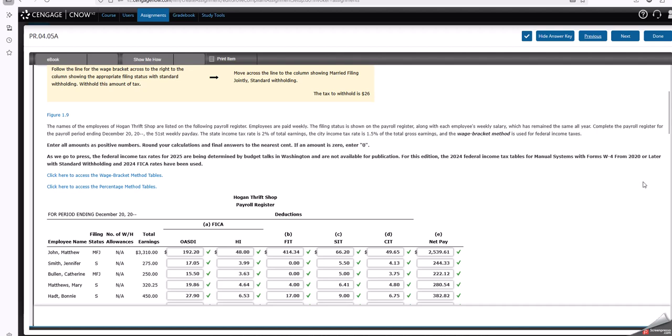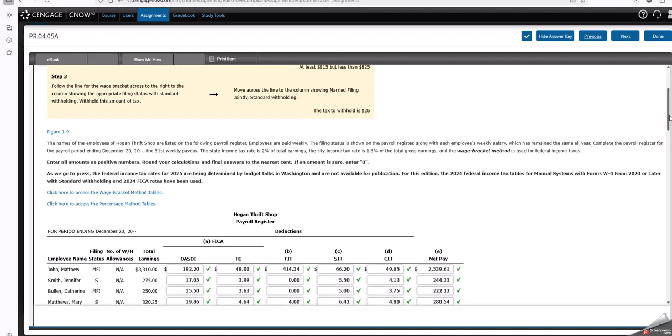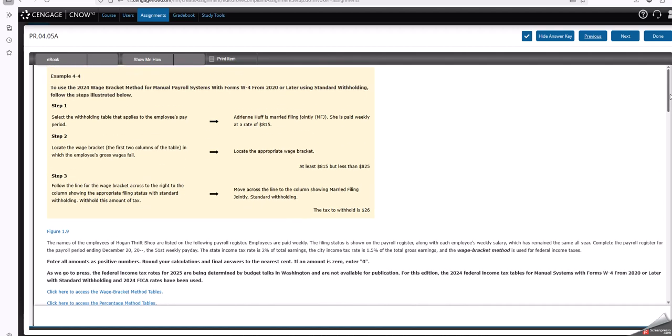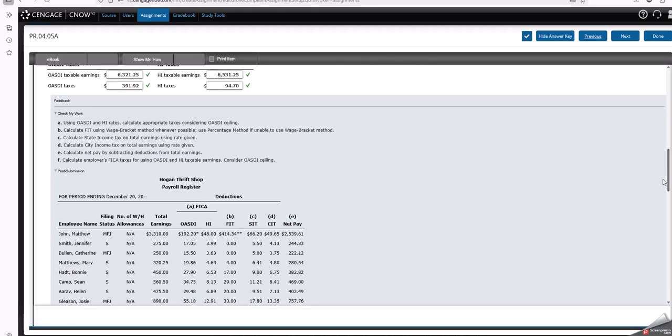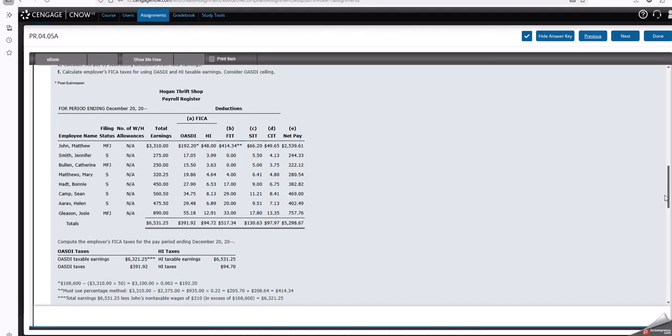He is up to the limit. So let's see if they give us the limit up in the problem. Again, we're in 2024. So I think it's 168,600. So 168,600 is the 2024 limit for Social Security.